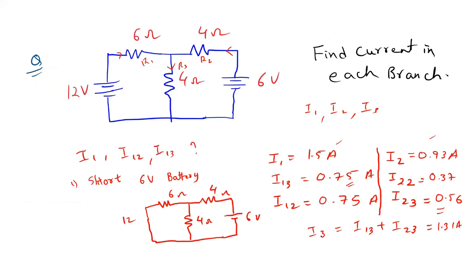And finally, we have obtained I3 by adding I13, that is the current in resistor R3 with voltage source V2 shorted, and I23. They are added to obtain the current in the resistor R3. Okay, so I think everyone can do this problem.